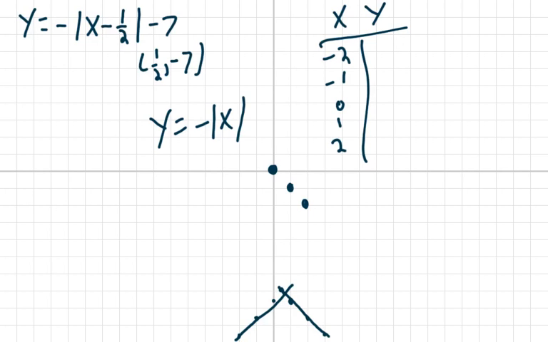Okay, for this one, if you plug in -2, the absolute value of -2 is just 2. And then there's a negative on the outside, so that'll be -2. So that's why it goes down.